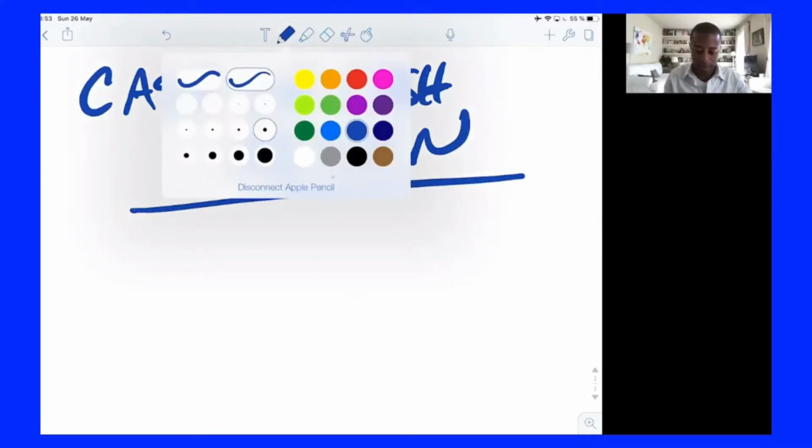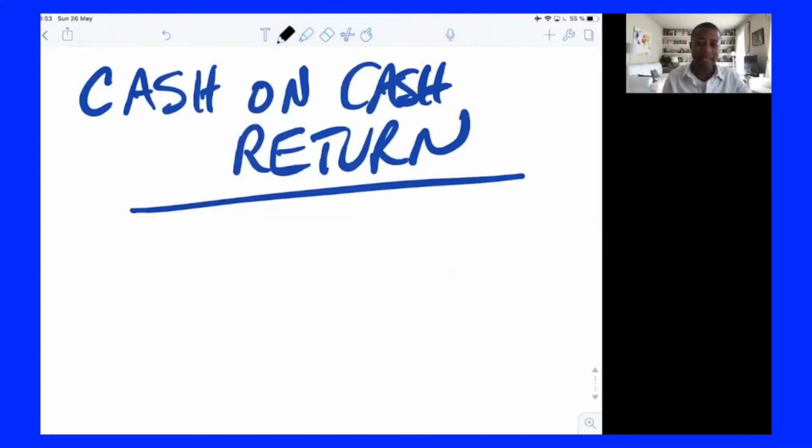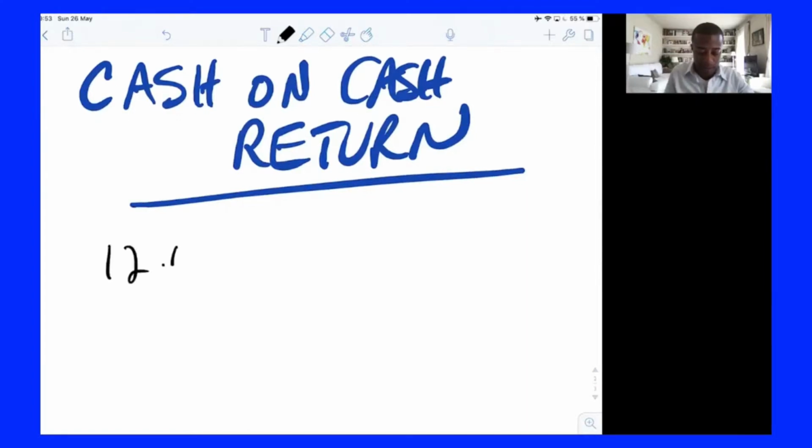Well, your cash on cash return is basically, imagine that you're putting in your money and it's providing you cash flow, and that cash flow is going to provide you, in a year, because we want to look at this on a yearly basis, 12,000 in cash flow, right? You can call that dollars, you can call that euros, whatever.